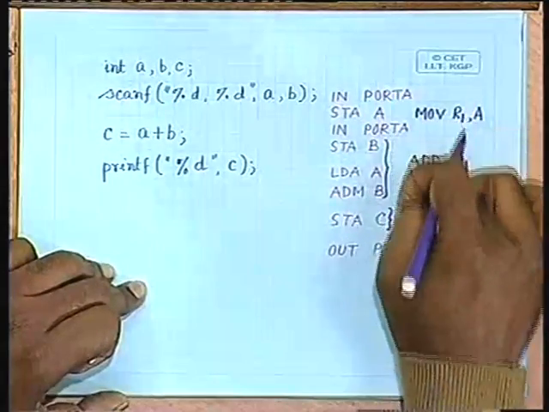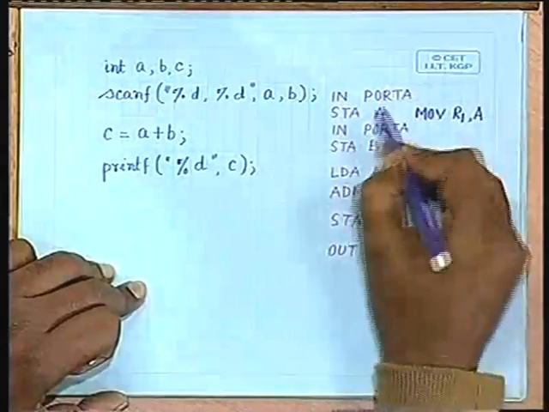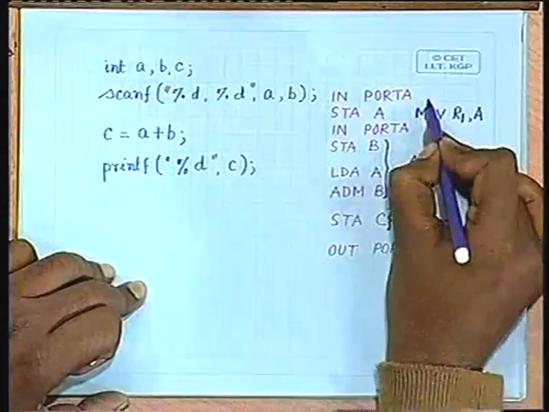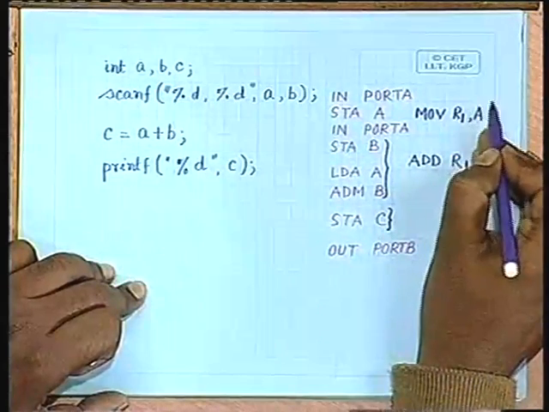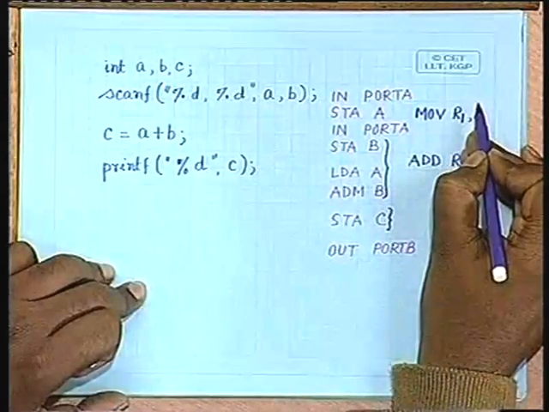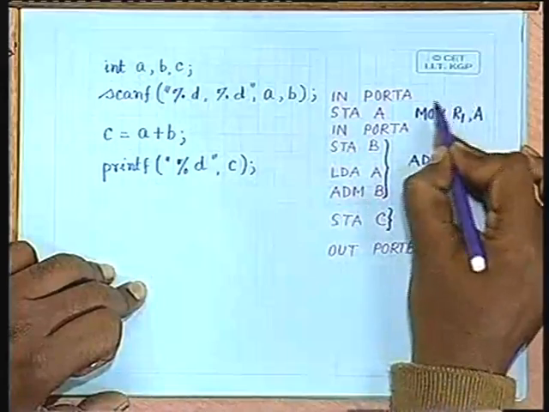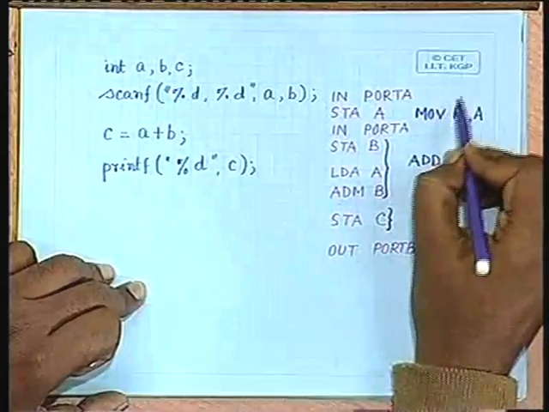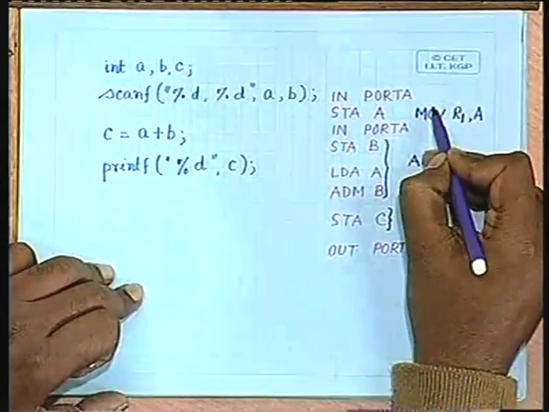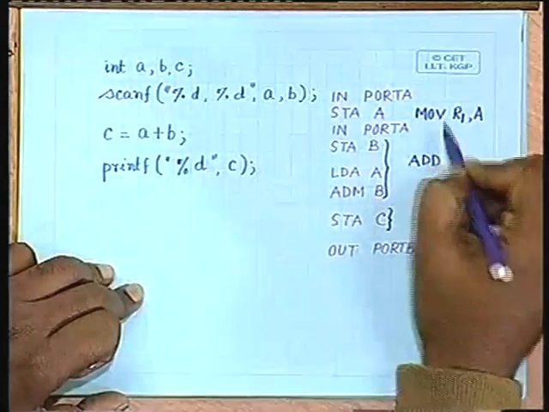Now, how are these instructions actually stored in the memory? Each of these instructions will be converted to a machine language code, which is a binary number, sometimes represented as a hexadecimal number, and those machine level instructions will be read from the memory. The instructions will be decoded and corresponding action will be taken.